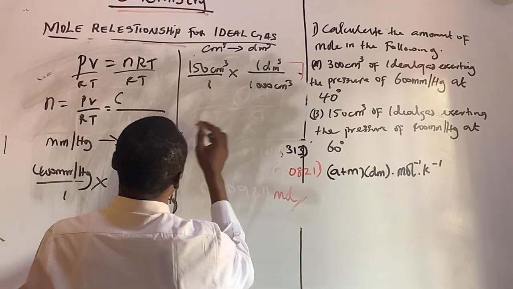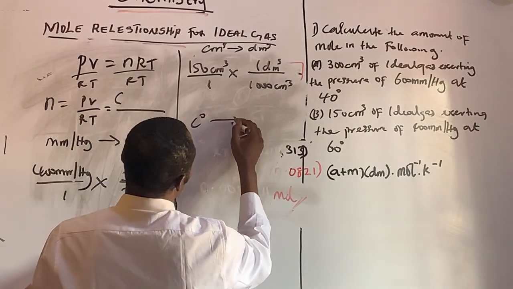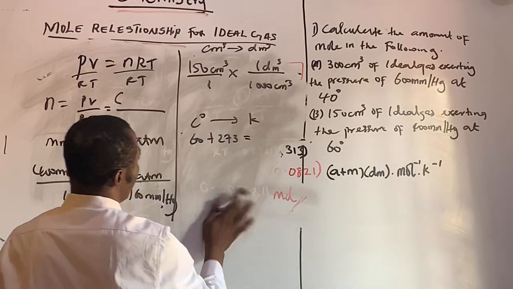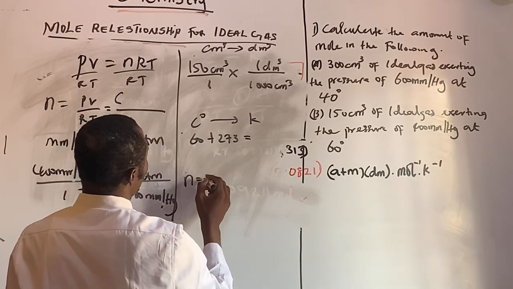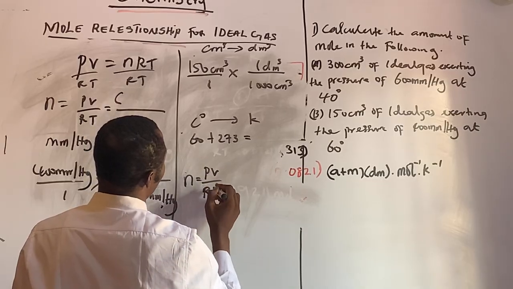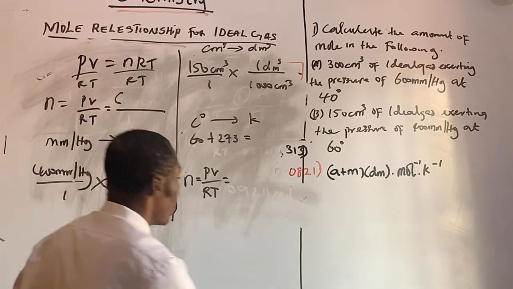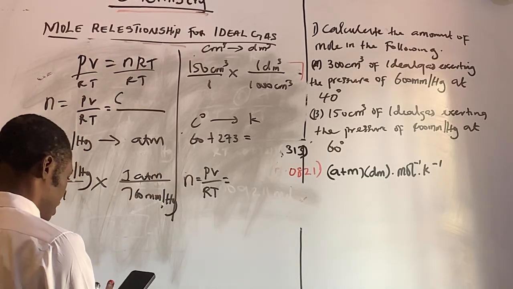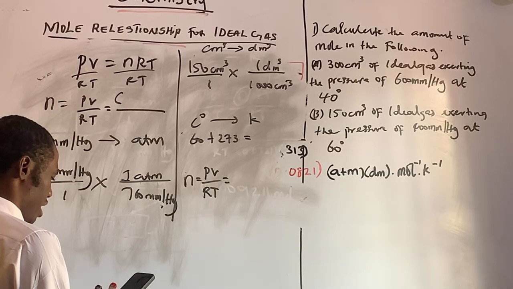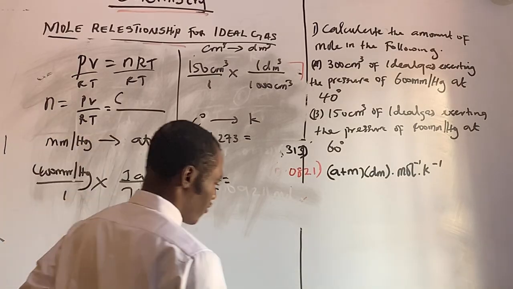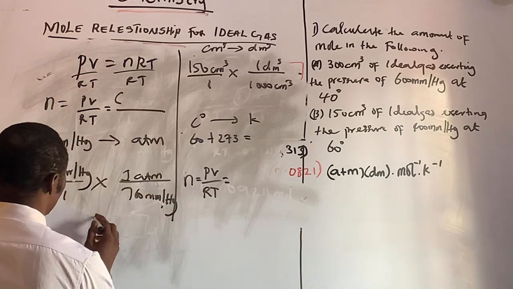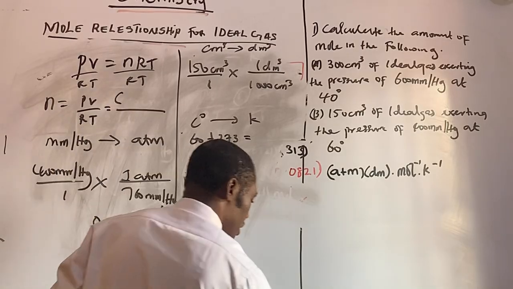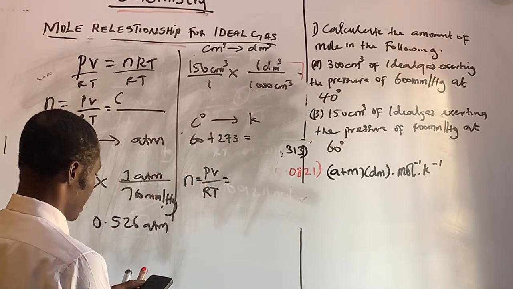So the next one is I'll convert Celsius to Kelvin. So what I have is 60 plus 273. So let's get our values. Then we now have that n is equal to PV over RT. So we slot in what we have. Okay. Now, let's start up with this. This is 400 divided by 760. That will give me 0.526 ATM.